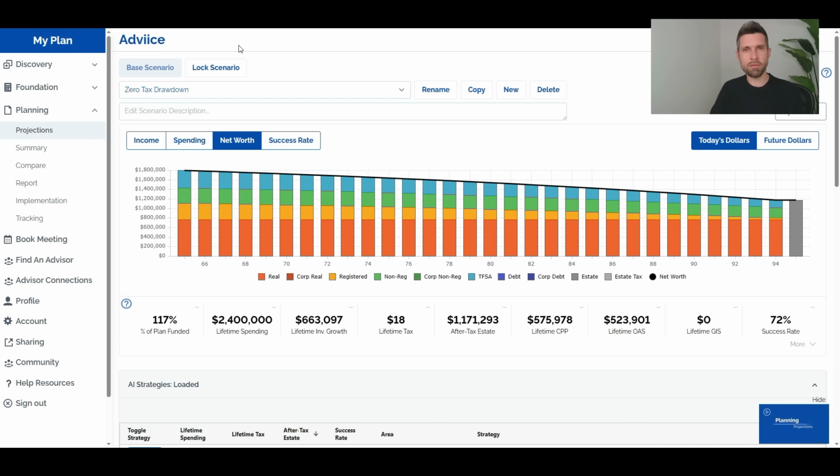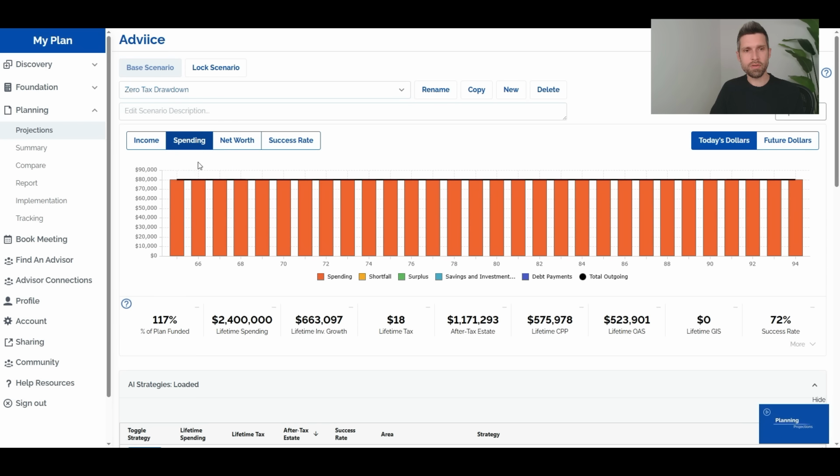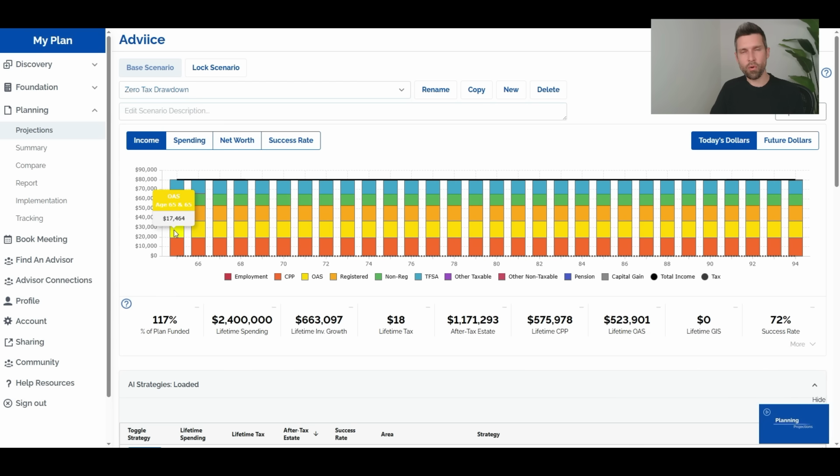Advice is just $9 a month or $49 for the year, and it does all of the heavy lifting in terms of the calculations. In this example, which is one that we had from 2 weeks ago, we had $1 million of financial assets. They were spending $80,000 a year. They had income from CPP, old age security, registered withdrawals, non-registered in TFSA, a total of $80,000, and they were paying zero tax every single year.